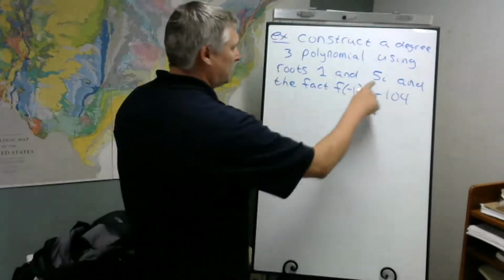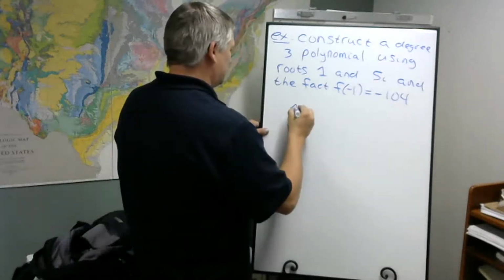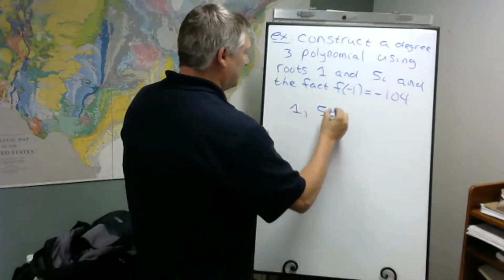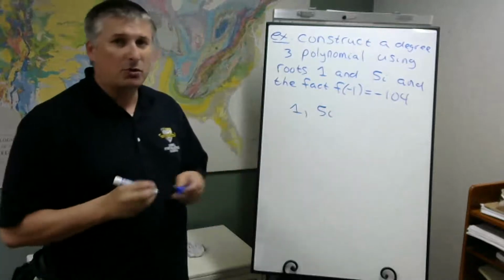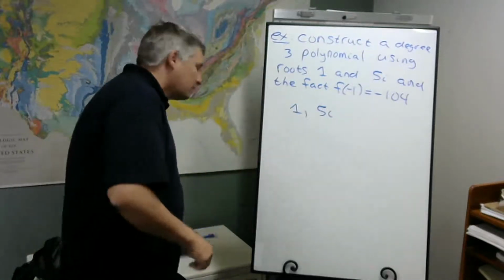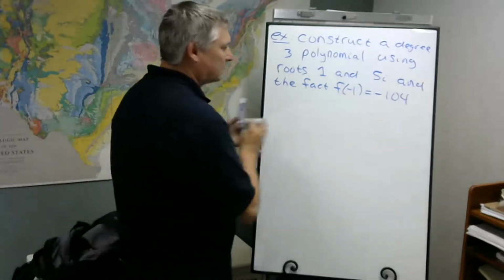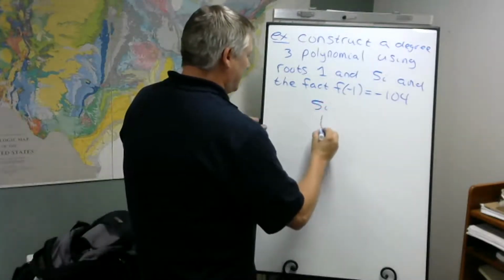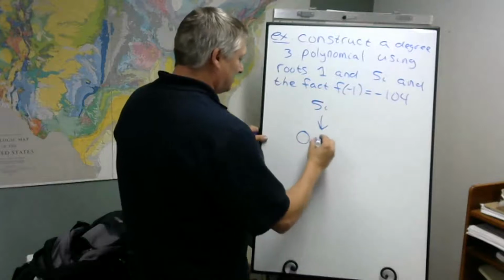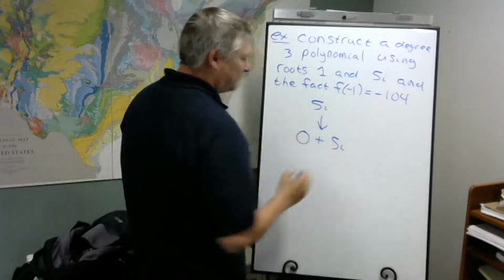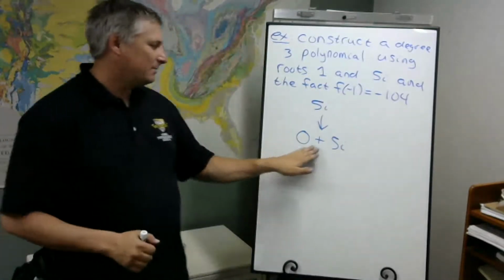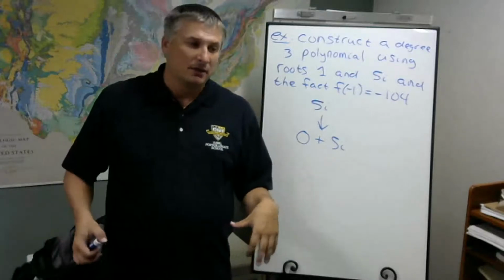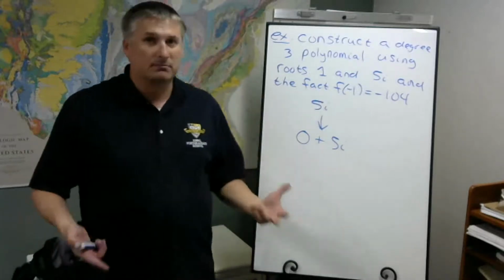Well, we want to recall that complex numbers always show up in pairs. Now, in this case, what complex number do we have? Well, we're given 5i. But 5i is technically 0 plus 5i. A plus bi. The real part is 0.